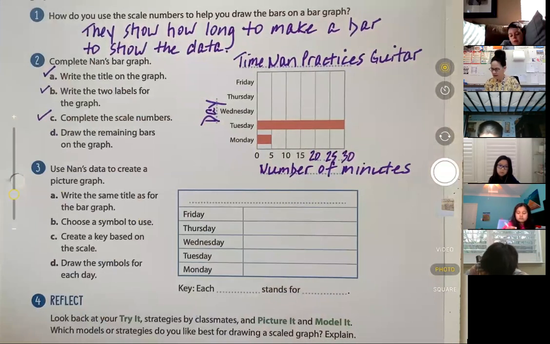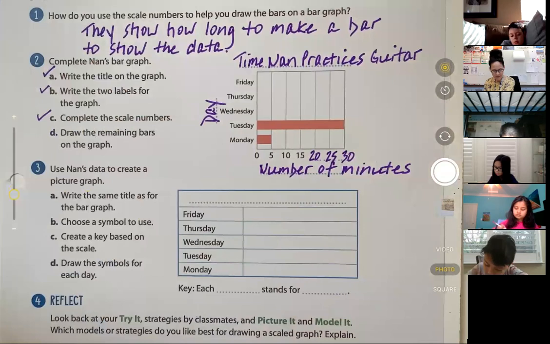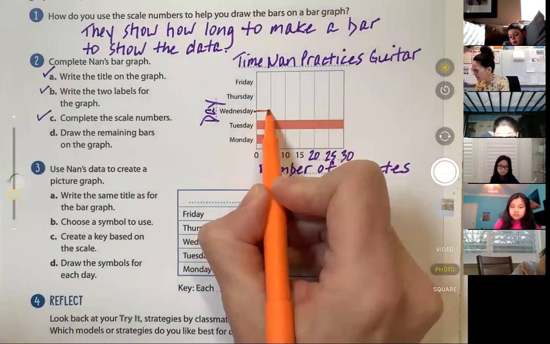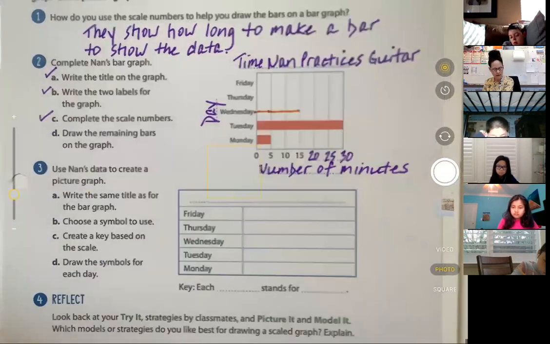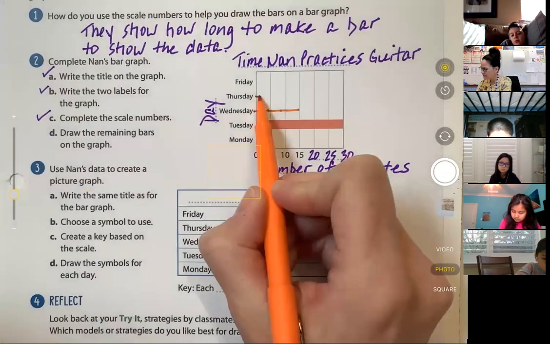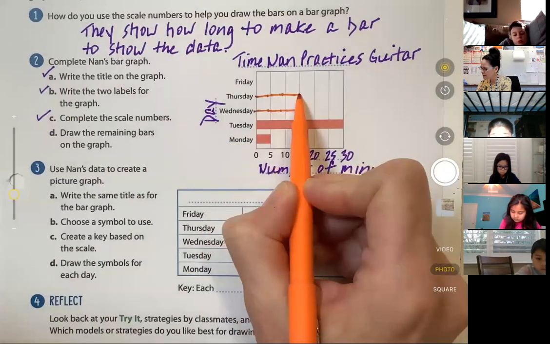Okay. So Monday and Tuesday are done for me, right? And Wednesday, we said that Nan practiced 15 minutes. So 5, 10, 15, right? And then on Thursday, Nan practiced 25 minutes. 5, 10, 15, 20, 25.